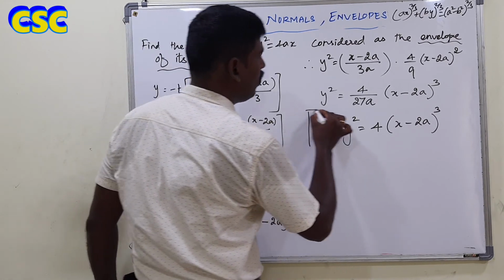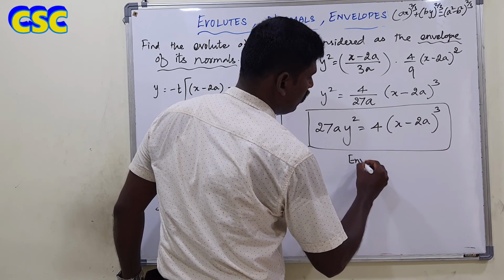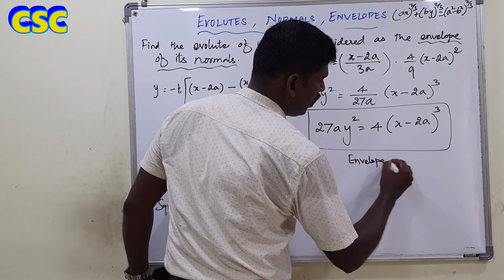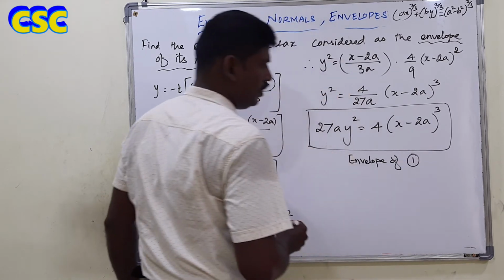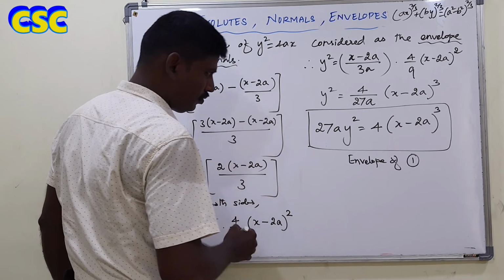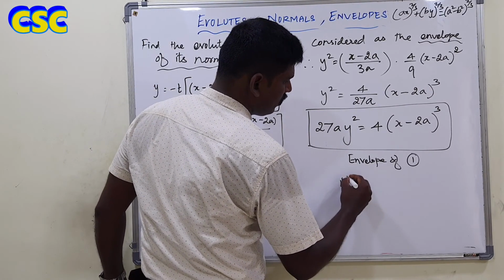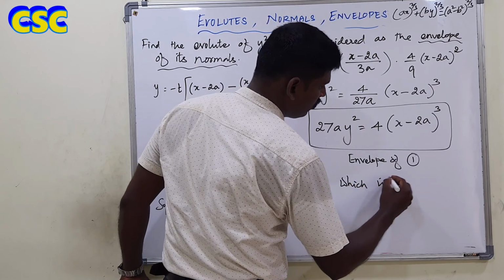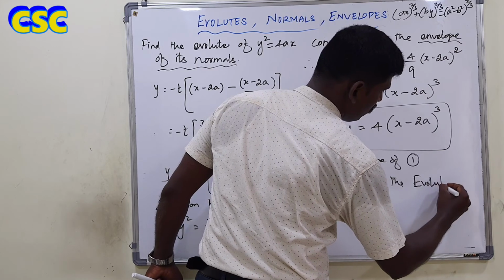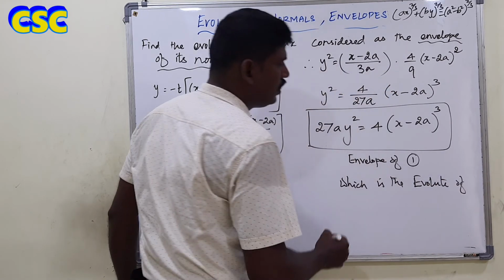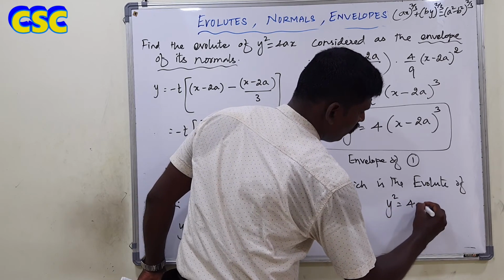So this is called the envelope of 1, which is the evolute of y square is equal to 4x.